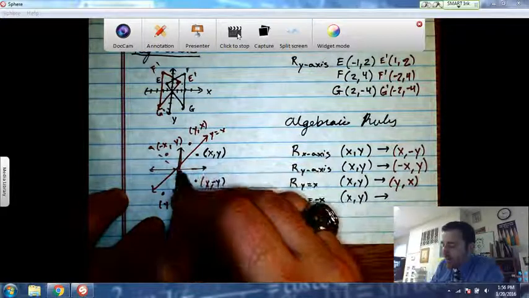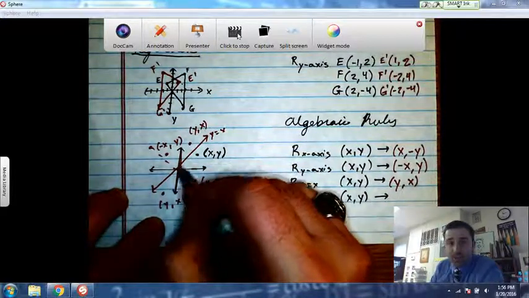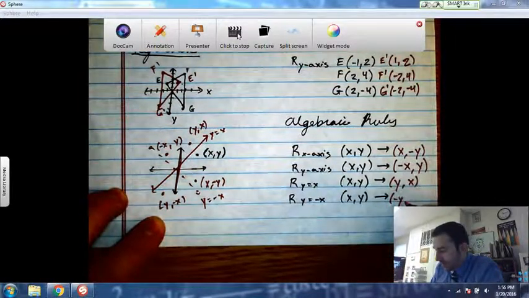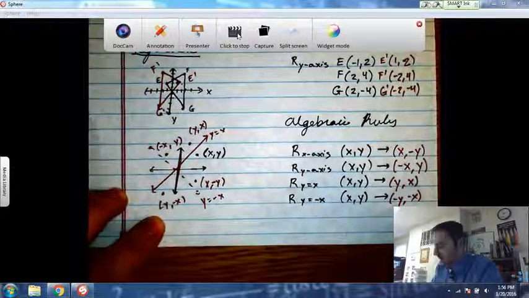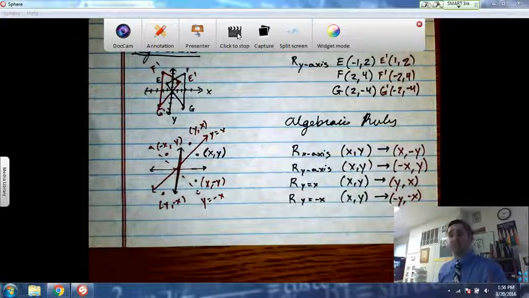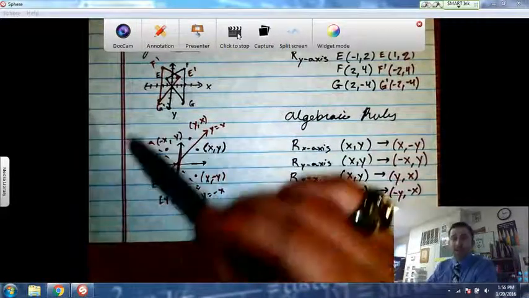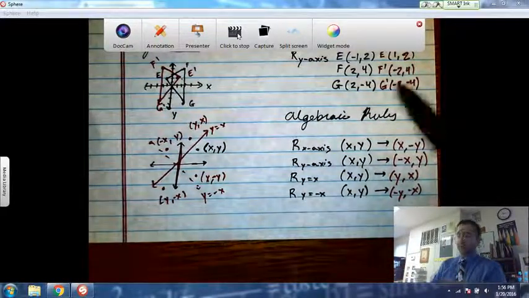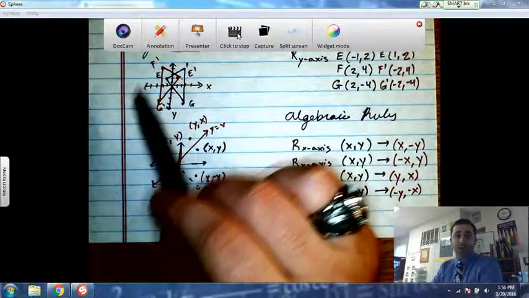However, notice I'm on the negative branches of the x-axis and the y-axis. So not only am I switching, but I'm changing the signs. And in this case, since x and y are positive, I'm saying negative. However, if it's in a different quadrant, it's going to simply change the sign. So using this kind of logic of the reflections that we did in class, we can develop these algebraic rules to help us map the coordinate geometry examples that we have up here.